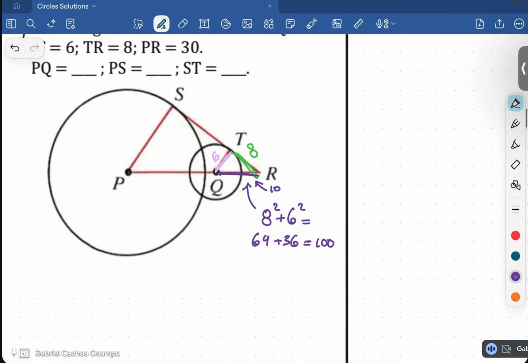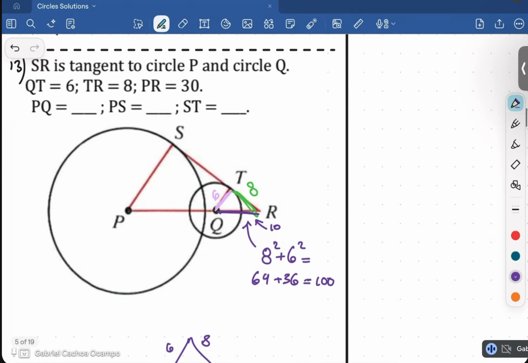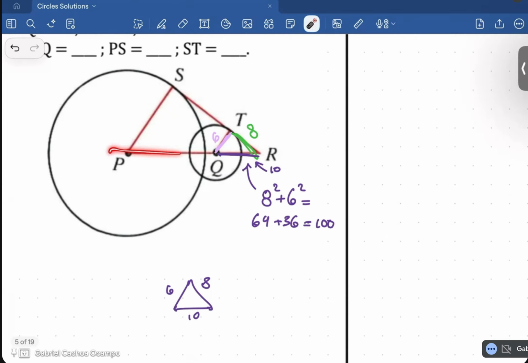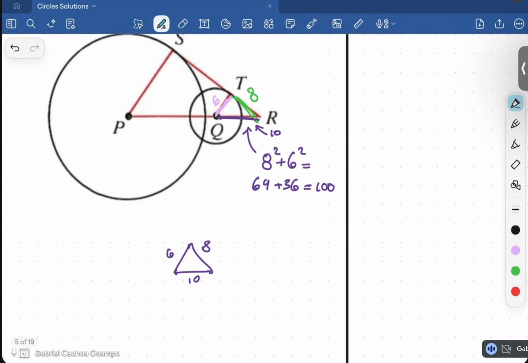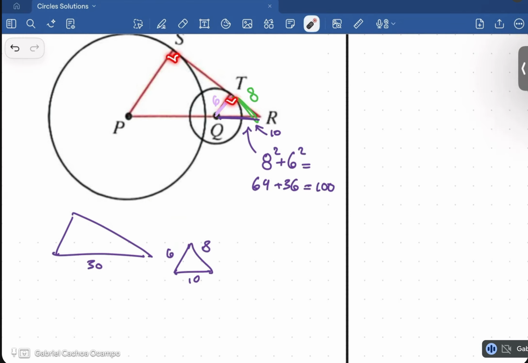So look, you have a small triangle in here that is 6, 8, and 10. And then they are telling you that PR measures 30. If PR measures 30, observe that these two triangles, again by angle, this angle is the same as this one, both of them are 90 degrees, so they are similar by angle, and there is a scale factor.